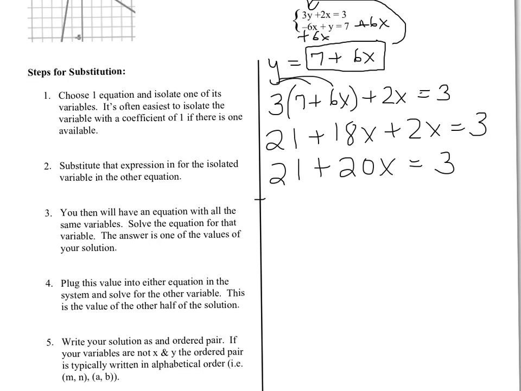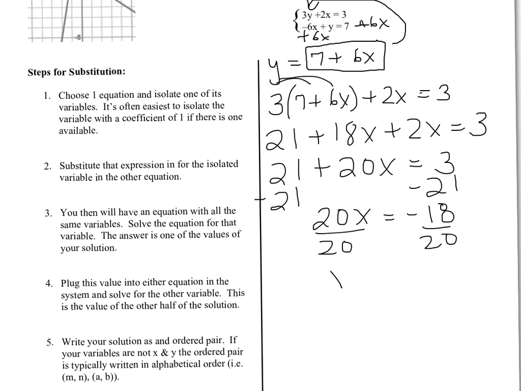Isolate your variable, subtract 21, we get 20x equals negative 18. Then we're going to divide by 20, and you get x is equal to negative 18 over 20. And that reduces to negative 9/10. So we have that the value of x is negative 9/10.